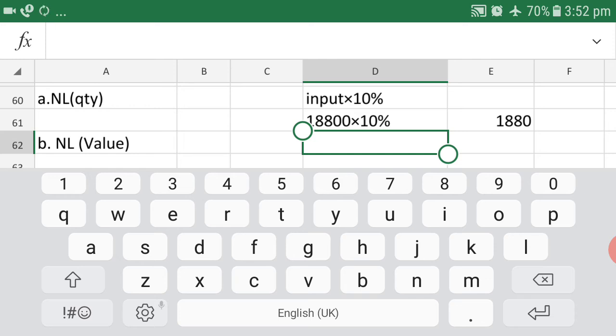See the question again. You can see scrap value of normal loss is rupees 20 per 100 units. Scrap value of normal loss rupees 20 per 100 units.